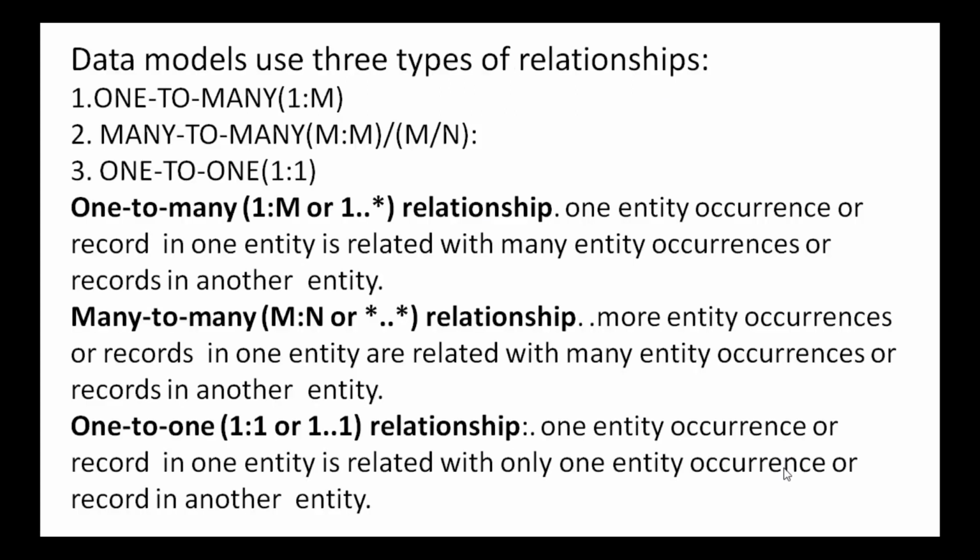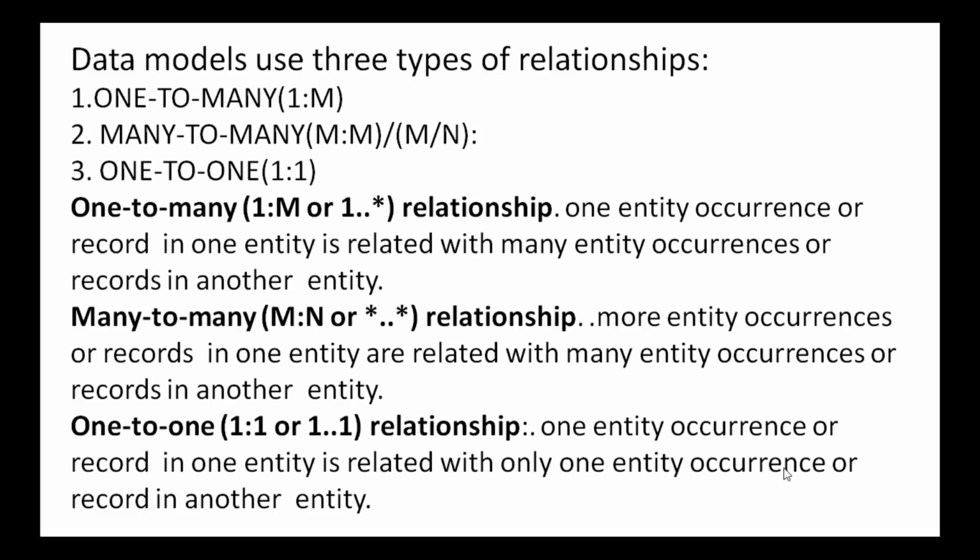And coming to the many to many relationship. Many to many relationship means more entity occurrences or records in one entity or table are related with many entity occurrences or records in another entity or table. What is the example for this? Let us take two entities like employee and skills.